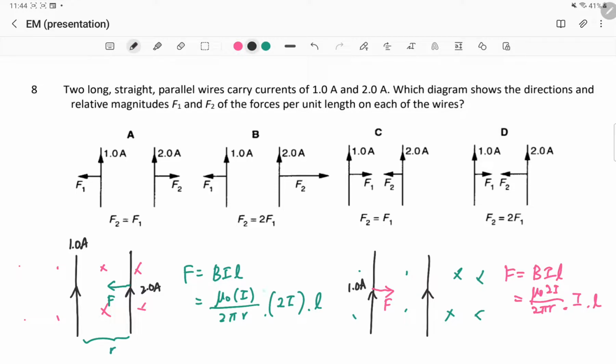Then you should realize these two expressions are equal, because one is I times 2I, the other is 2I times I, it's the same. And do we need to go through this hassle to make this prediction? Actually, no, because by Newton's third law, these two forces, one attracting two and two attracting one, are action reaction, so they must be the same.